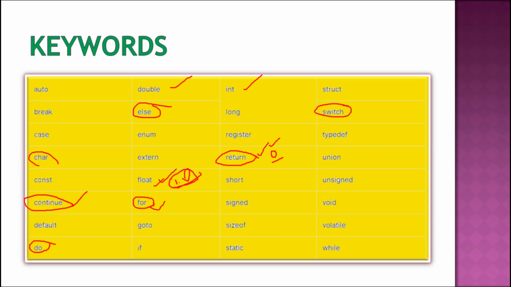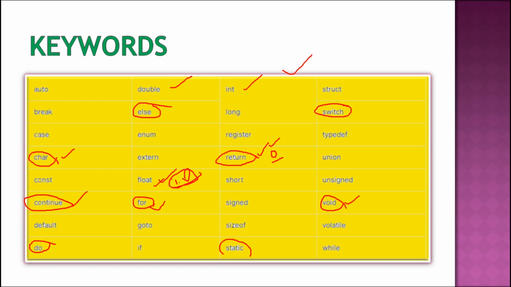The char is used to indicate a character, that means alphabetical letters A, B, C and this type, and we will see all these keywords in later classes, each and every thing. And here, void is nothing, that means it does nothing in our main program.